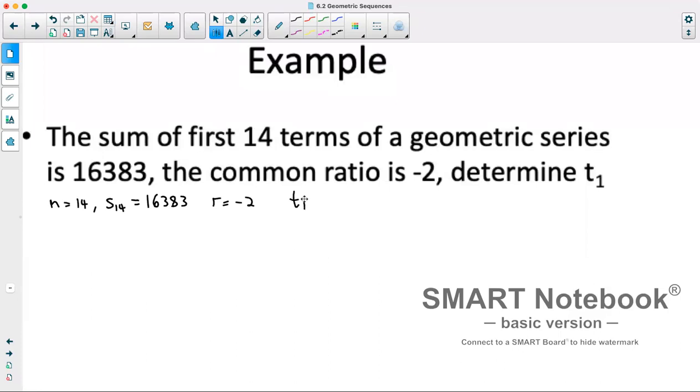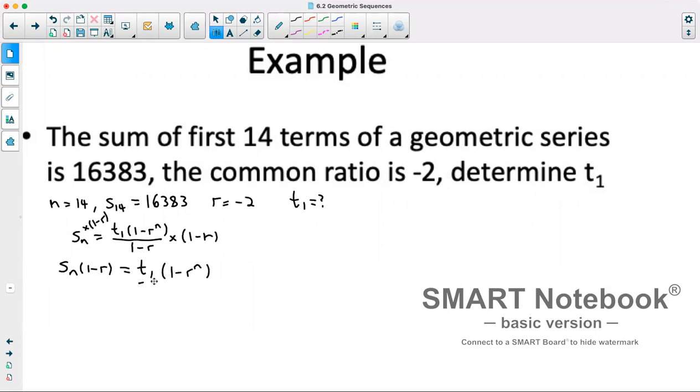Now, based off this information, I would use the same equation as in the previous example. So we've got Sn is equal to T1 times 1 minus R to the power of n over 1 minus R. In this case, we want to solve for T1, so we need to rearrange this to get T1 on its own. First, I would move this 1 minus R to the upper side, so I'll multiply both sides by 1 minus R. That gives us Sn times 1 minus R is equal to T1 times 1 minus R to the power of n.